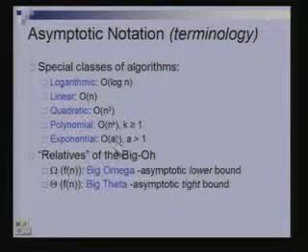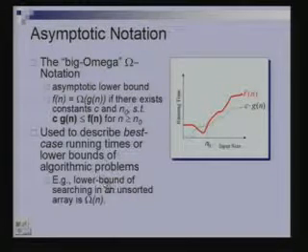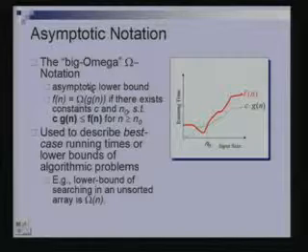So till now I have only introduced to you the big O notation. We also have the big omega notation and the big theta notation. The big omega notation provides a lower bound, right?